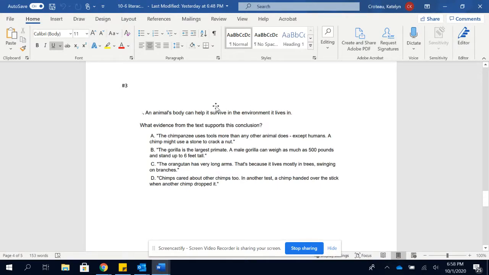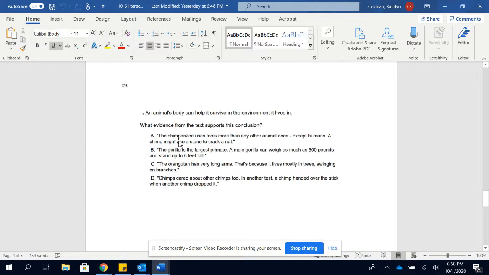Does it prove that an animal's body can help it survive in the environment it lives in? They have to go together. If it does not prove that, then it does not match. It might be a great detail, but it still has to relate to this, right? So think about which one works to prove this statement here.